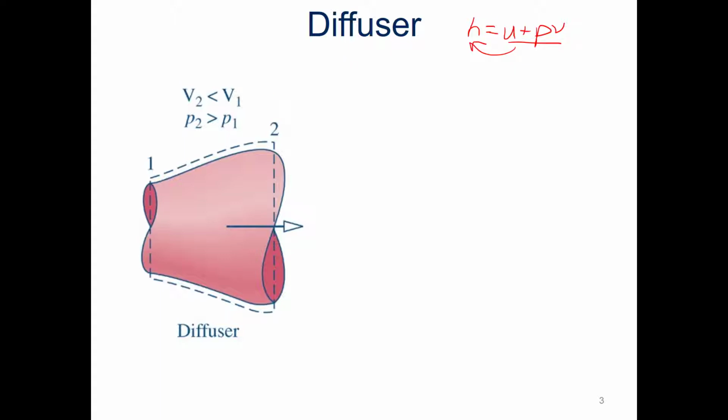So going from point 1 to point 2, looking at an energy balance, I'd have h1 plus the kinetic energy component, velocity squared at point 1 over 2, and that would all equal my enthalpy at state 2 plus the velocity at state 2 squared over 2.